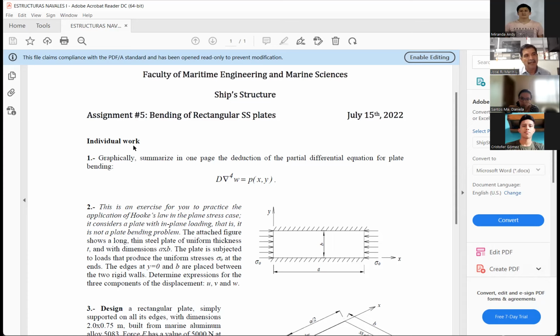Some of us are more graphical, right? So if you summarize this in a graphical way, you can see the relation and all of this. I think it's easier for you to keep this in your memory, okay? So it's a good point to recall the assumptions, the simplifications, okay, that we have to make in order to reduce the equation.